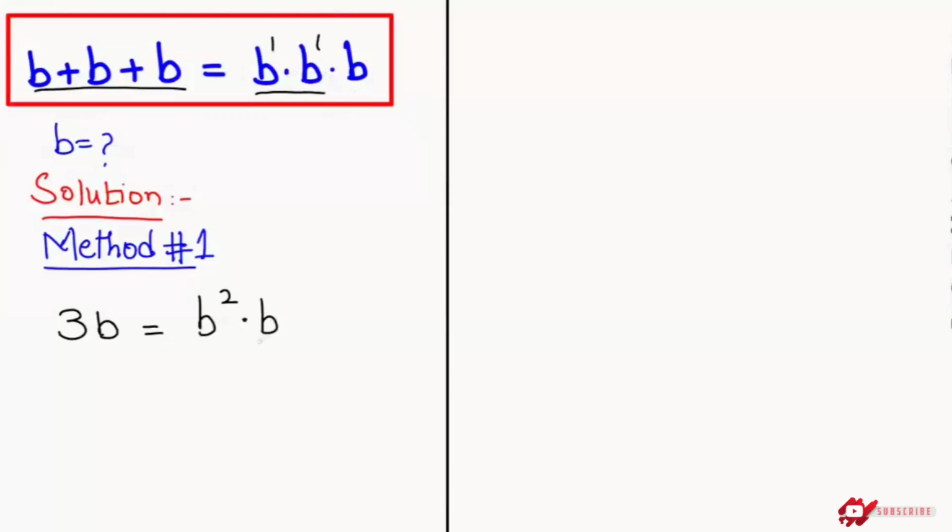Now I want to remove this b, so for that I will divide both sides by b. Here this and this get cancelled, this and this get cancelled. So the expression we get is 3 is equal to b square. Now I want to remove this square, so I'm going to take the root on both sides.